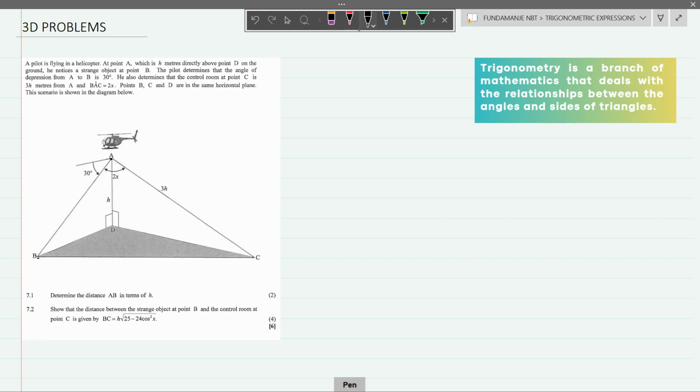So the first question says determine the distance AB in terms of h. So how can we represent AB in terms of h? Well, we already have h.